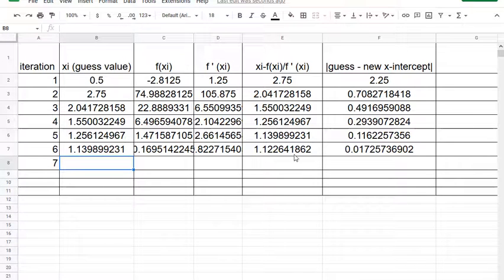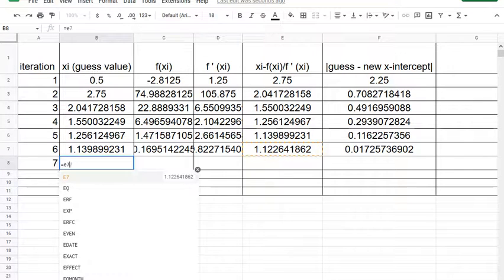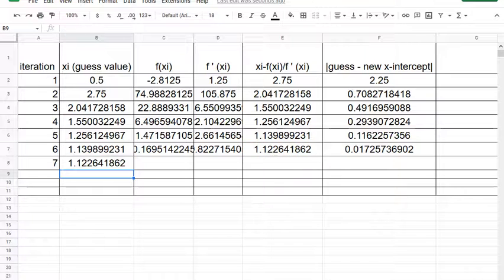And again, this is the previous iteration's x-intercept, and it is in E7, so equal E7, and then copy. The formula is here, and then click on this cell and then Control V to paste.